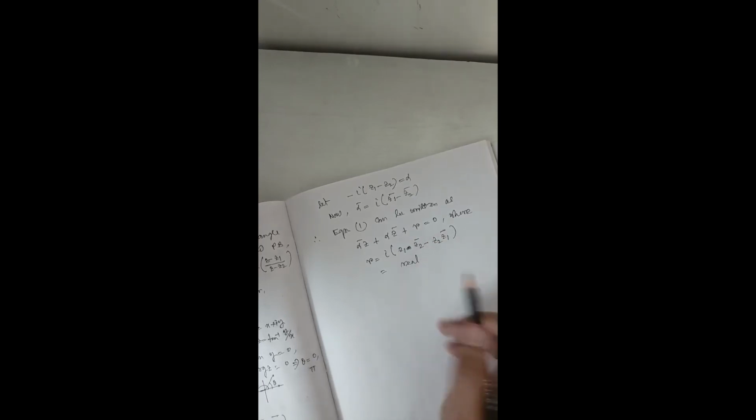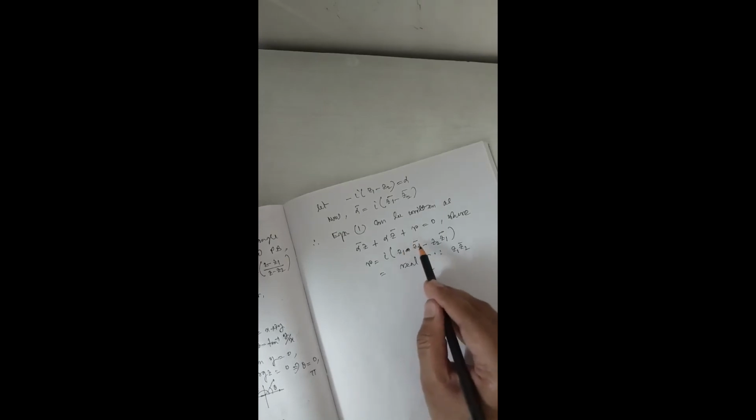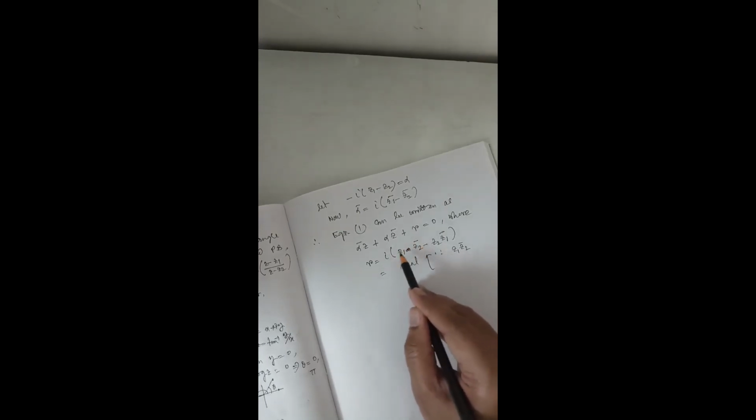Because if you take the conjugate of the first term here, z1 z2 bar, you will get z1 bar z2, which is the second term here.